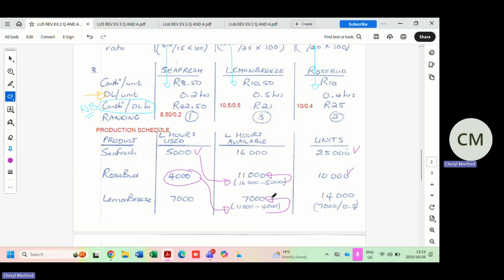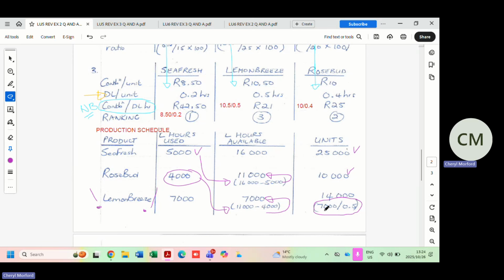Now, because we didn't have enough labor hours, it tells us we're not going to be able to produce all of the required units of the Lemon Breeze. So this now requires a calculation over here. If we know how many hours are left, which is 7,000, and we know it takes half an hour to produce one, we will now have to do this little calculation to find how many Lemon Breeze can actually be made.